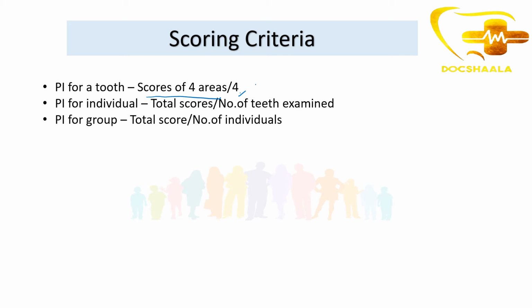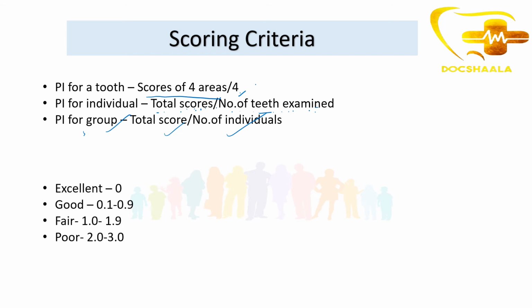Plaque index for an individual, that is for one patient, we take all the scores divided by the number of teeth examined. And plaque index for a group, we determine the total score of all the surfaces divided by the number of individuals. This is how we determine the plaque index.